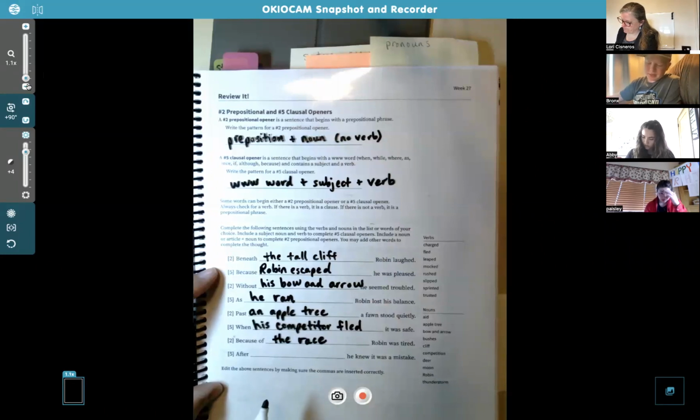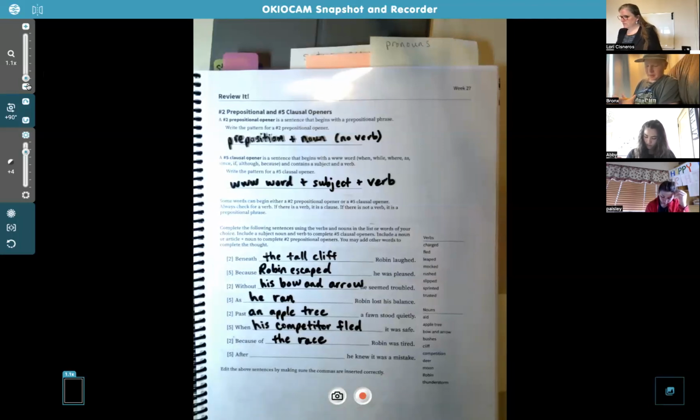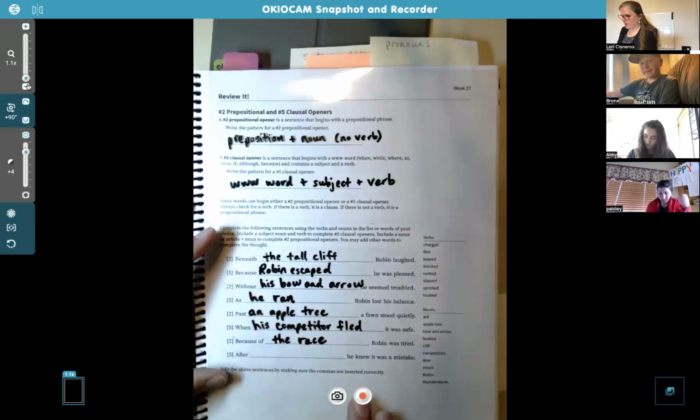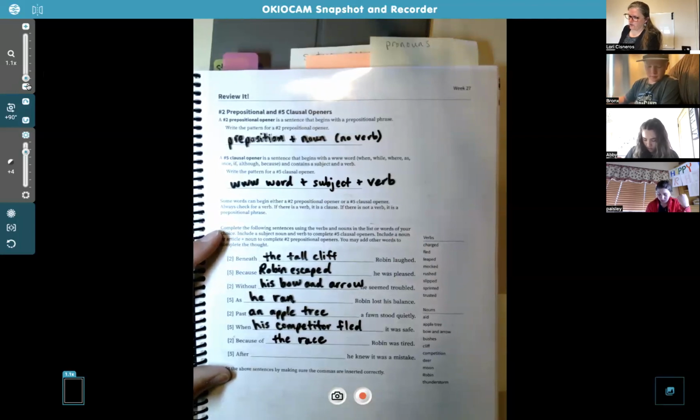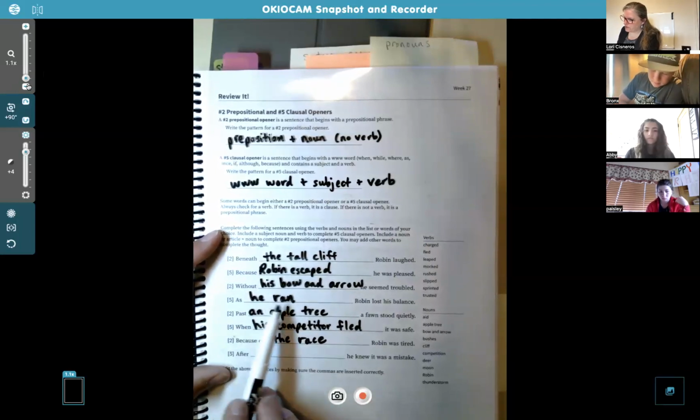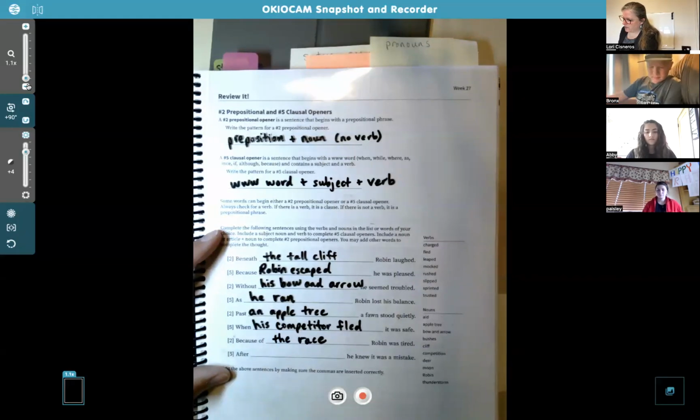And then the last one, Bronx. After the race, he knew it was a mistake. Okay, good, except this is a 5, which means it's clausal, so you do need a verb. So after Robin, what did he do? So we need an action word there. After he ran, he knew it was a mistake. Yeah, that would work, because then you've got the subject and verb, although we already used he ran.